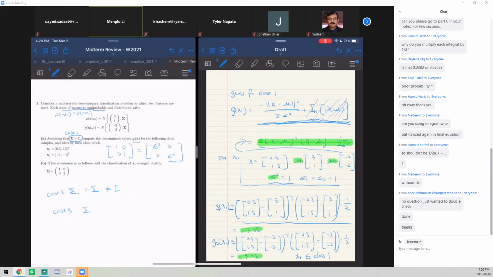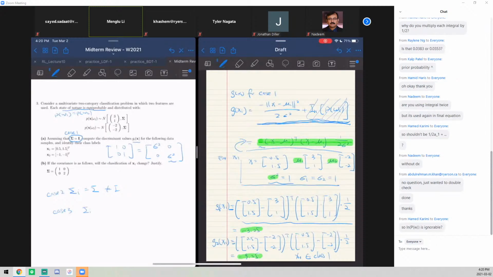For X2, we just follow the same steps, just replace this one with X2. X3 is given, it's -1, -1. Yes, it's ignorable because the question told us the prior probability of the two cases are the same.